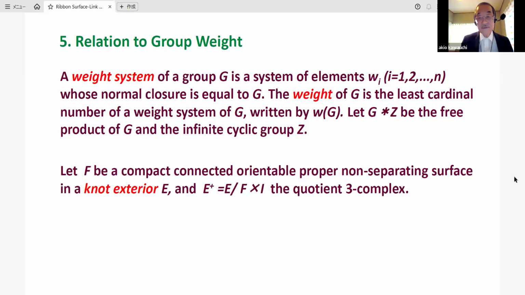Let G * Z be the free product of G and the infinite cyclic group Z. Let F be a compact connected orientable proper non-separating surface in a 3-manifold exterior E, and E^+ be the quotient 3-complex of E by identifying a normal line bundle of F x I with a point.